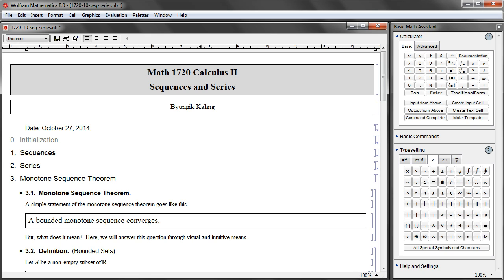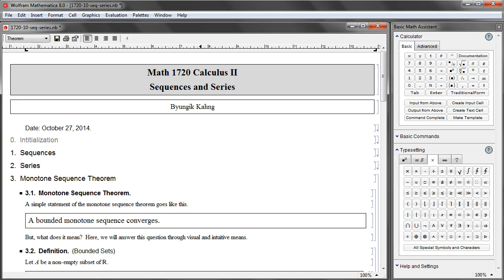Consequently, we have a convergence. The same goes to decreasing sequence. That's how we can understand monotone sequence theorem, and that's how I explained it in section 1, sequences of this notebook. And that's mostly sufficient for almost everything we do in Calculus 2. But in order to be perfect, let's talk about a little bit more.